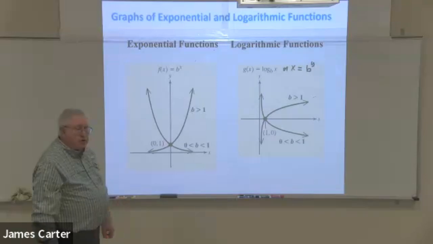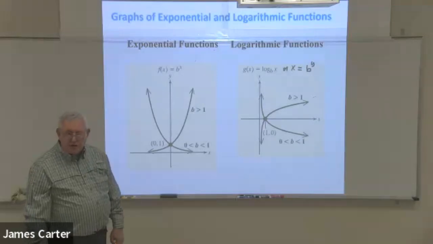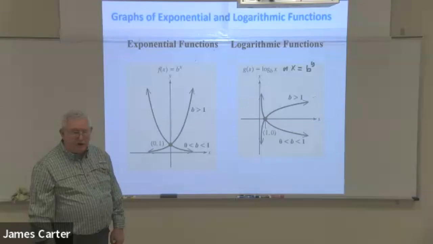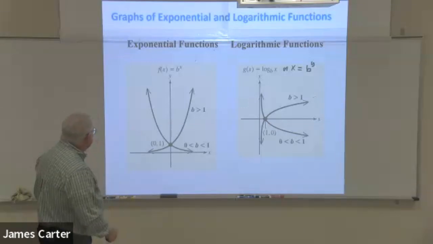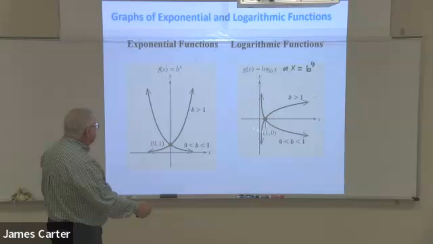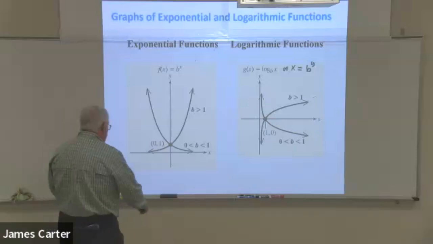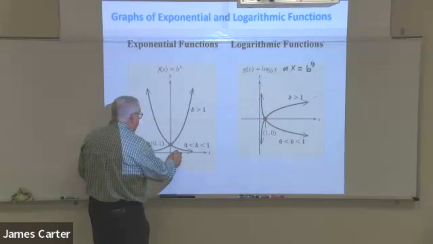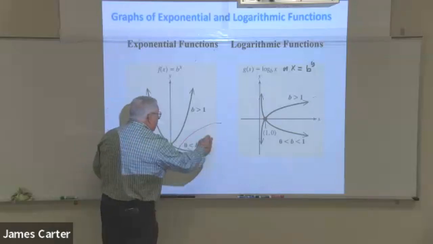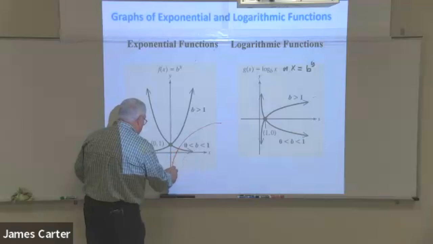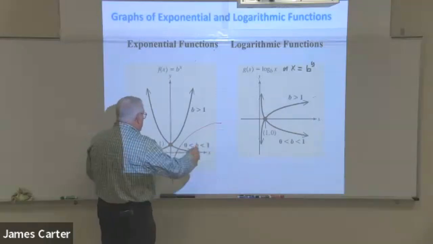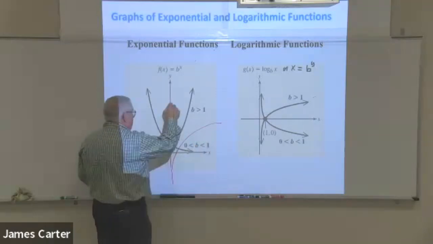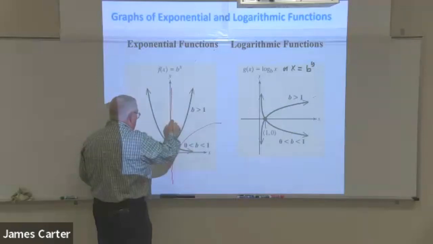Just showing you the difference in exponential functions and the logarithms, which are their inverses. If you graph these two in overlapping places, notice this point right here is right here. That one goes up that way and down this way, and the other one comes down this way.